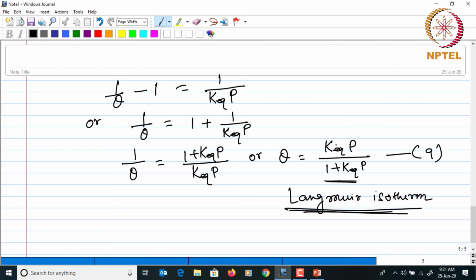This equation represents the Langmuir isotherm, and we can also plot it, and you can see the relationship of theta with the pressure of the gas, and that is what the Langmuir isotherm is all about. As I said in the beginning, it basically describes the relationship between the volume and the pressure of the gas adsorbed on a solid surface.